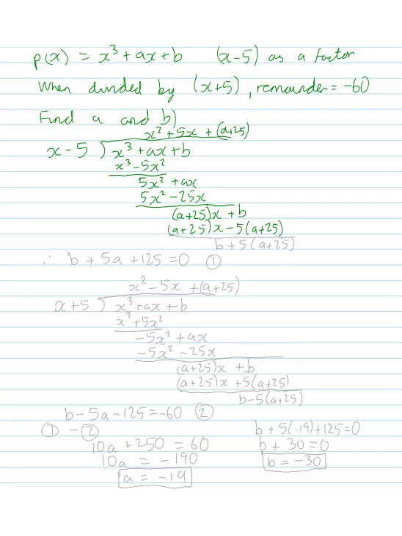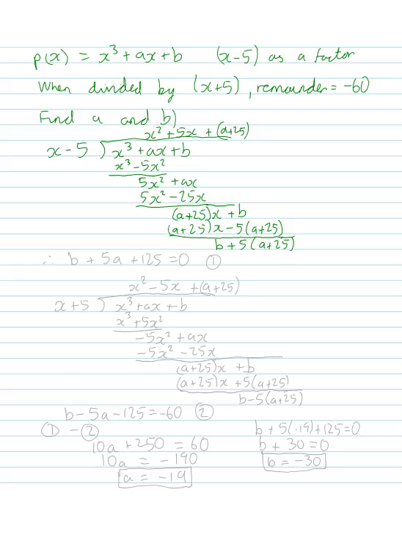Now it looks pretty gnarly, but when you subtract, you get the x squareds and the x terms cancelling, and you get b plus, because it's minus minus, 5 outside of a plus 25. Now that looks messy because it looks like we've got a remainder.